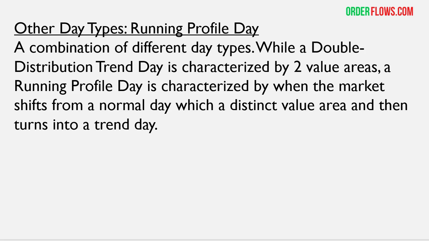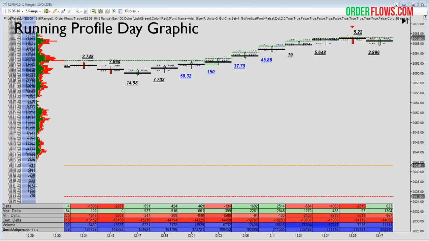The other type of day I want to talk about is the running profile day, which is a combination of different day types. A double distribution trend day is characterized by two value areas. A running profile day is characterized by the market shifting from a normal day, with a distinct value area, into a trend day. These days are sometimes a little harder to see.